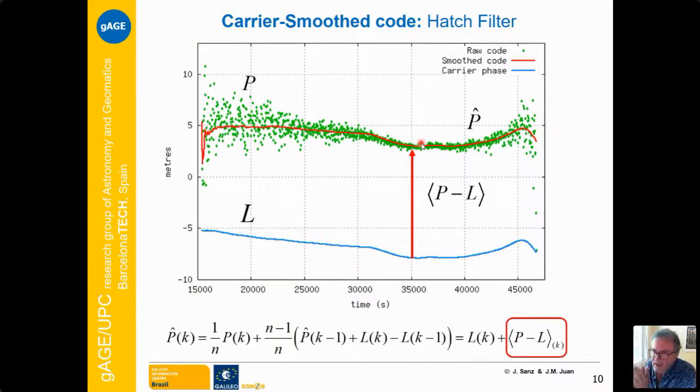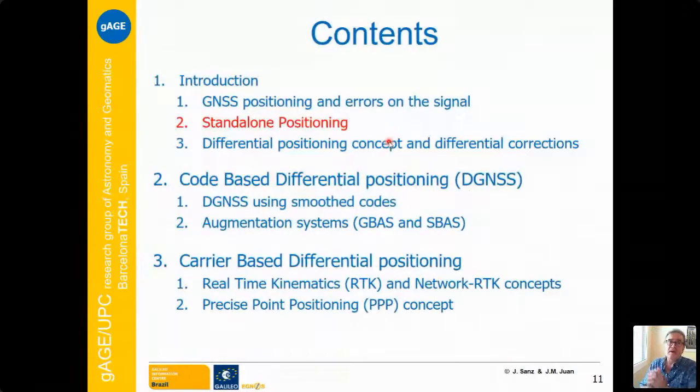As a summary, we have code measurements in green, carrier phase measurements 2 orders of magnitude more precise than the code in blue, and we have smoothed codes. When we smooth the code with the carrier, the accuracy can be at the level of 50 centimeters; it depends on the multipath, of course.